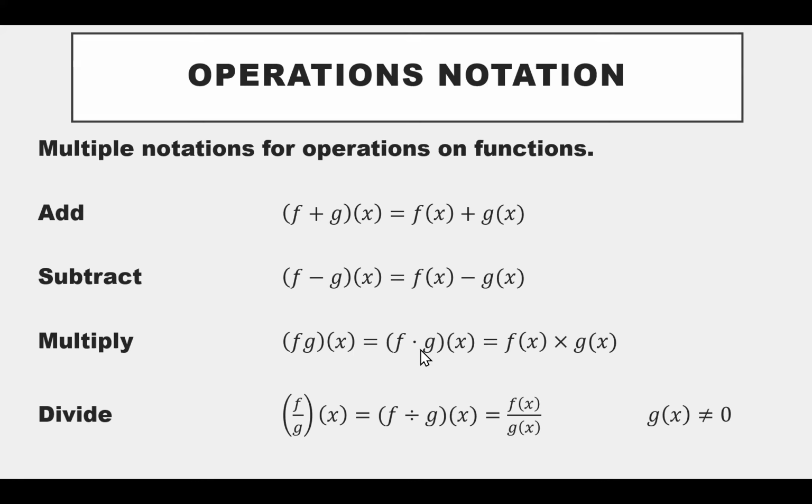A dot means multiplication. That's why in the examples I did, I favored just doing f and g next to each other, rather than using a dot, because then you don't get confused with multiplication and function composition. So be careful of that. Function composition has that open circle, and multiplication sometimes can be a dot or just no operation symbol in between f and g.